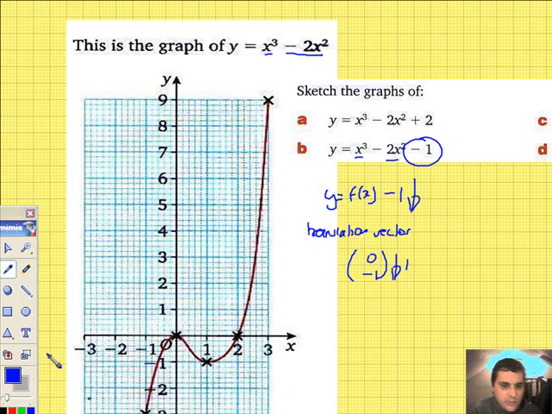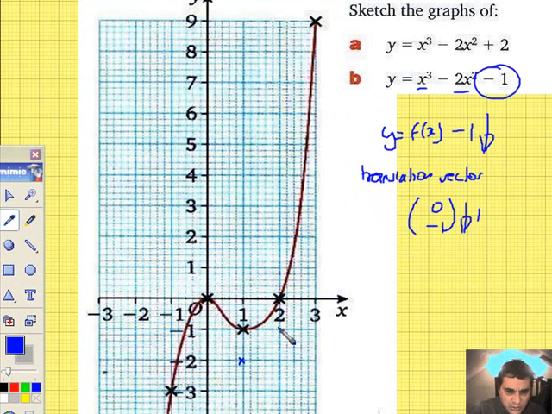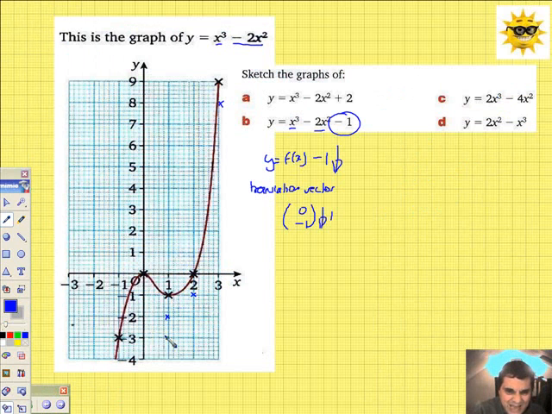All right, so let's just make that look pretty. So (1, -1) becomes (1, -2), (2, 0) becomes (2, -1). What else we got? (3, 9) becomes (3, 8). (0, 0) becomes (0, -1), and (-1, -3) goes to (-1, -4). So it's effectively this sort of arrangement.